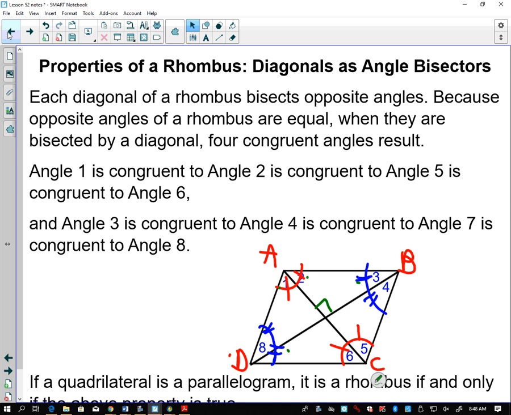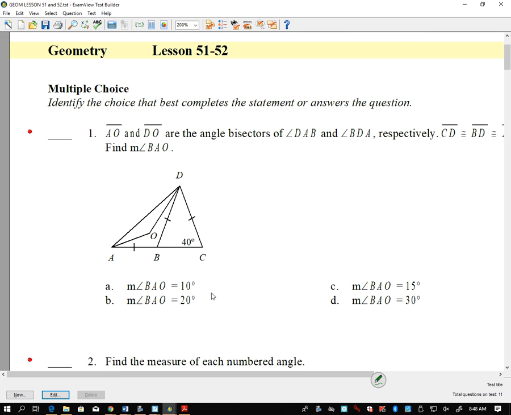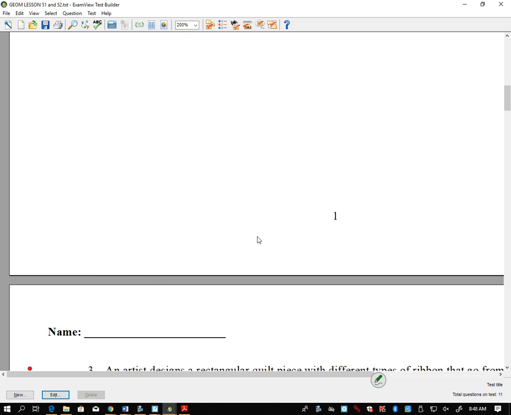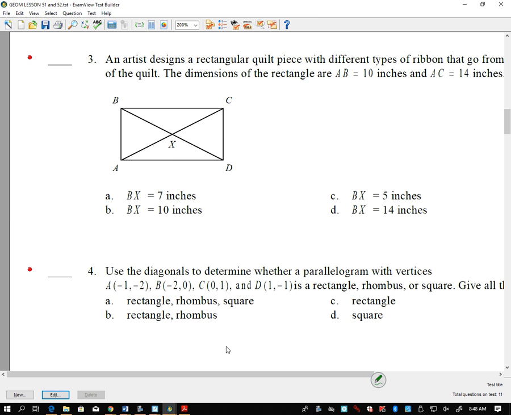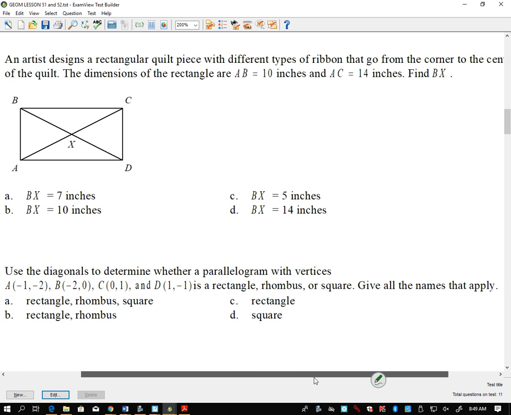All right, so let's pull up at least a question or two. Let's look at question number 3. An artist designs a rectangular quilt piece, so we know that this is a rectangle, with different types of ribbon that go from corner to corner of the quilt.